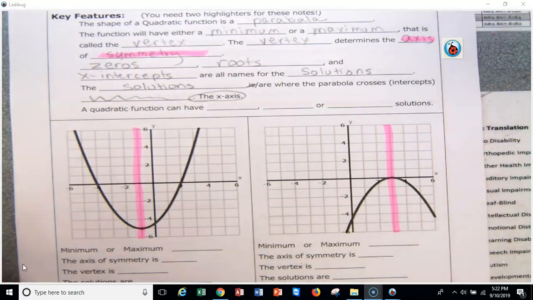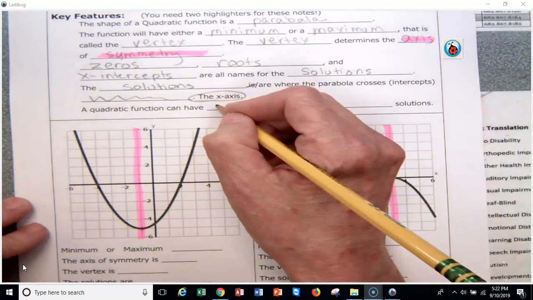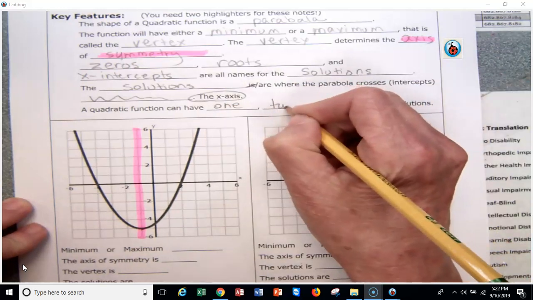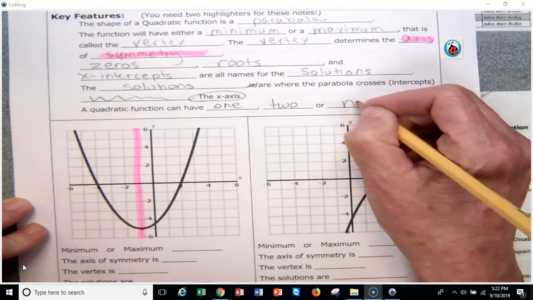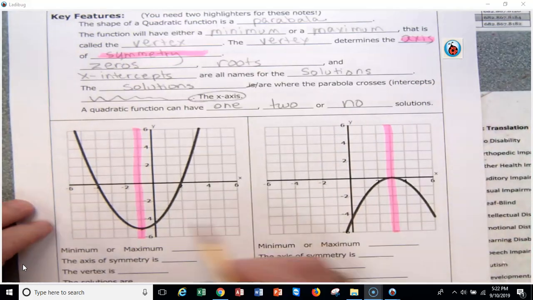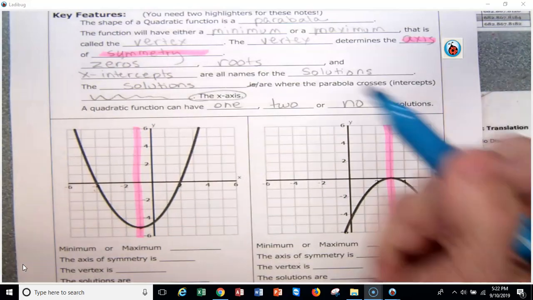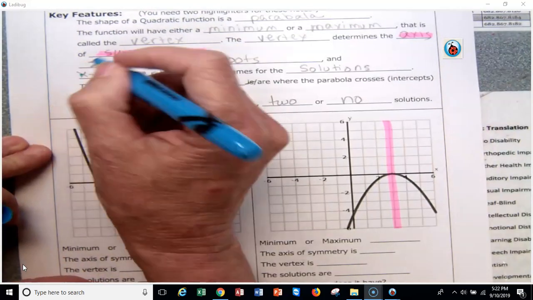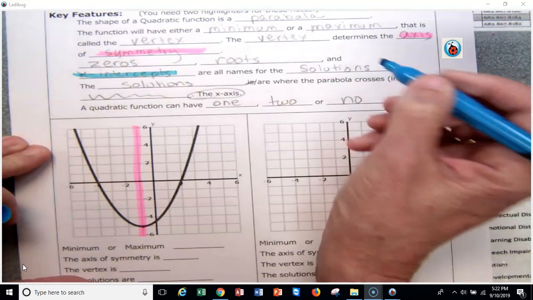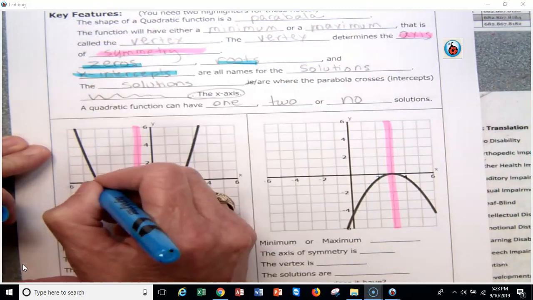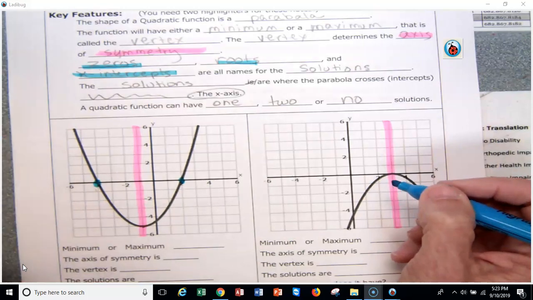A quadratic function can have 1, 2, or no solutions. Like this example right here, I'm going to go ahead and highlight my x-intercepts in blue along with roots and zeros, because right here are x-intercepts where it crosses the x-axis.